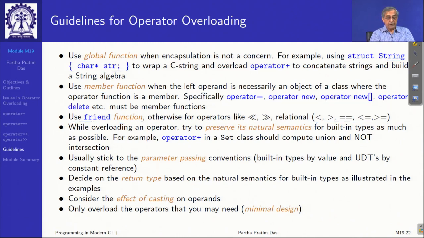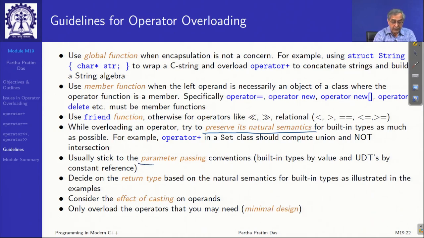In terms of semantics, it is good to preserve the natural semantics. For example, if you are overloading operator plus for, say, a set, then you should do that for union, not for intersection. That same sense must prevail.